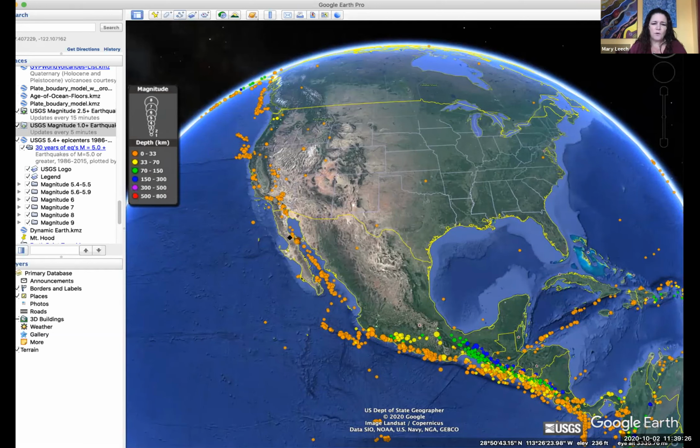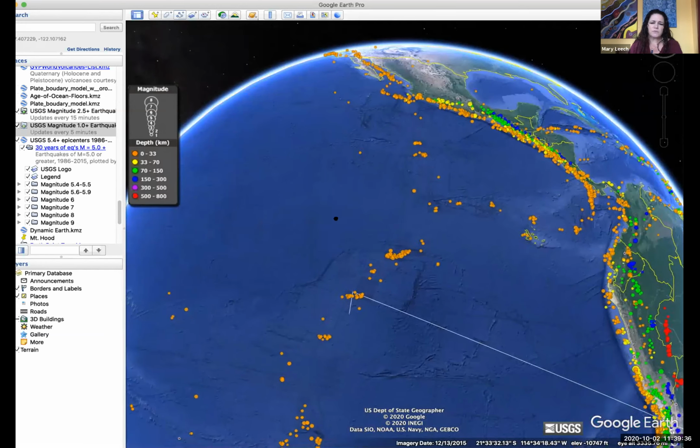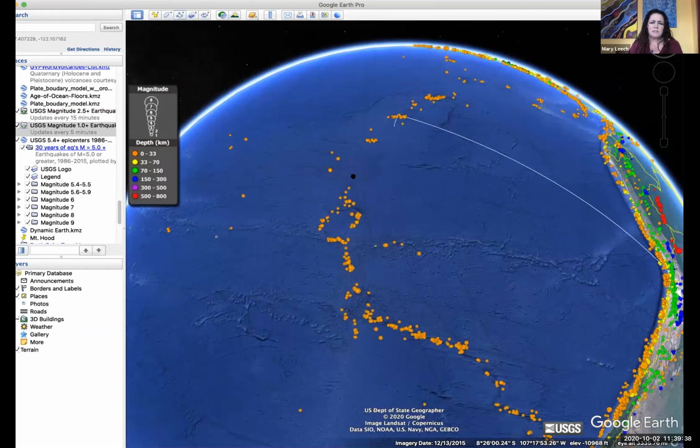The Gulf of California is opening up a small ocean basin, basically, and so that is representative of a mid-ocean ridge. This is a mid-ocean ridge that we see separating the Pacific from the Nazca Plate.